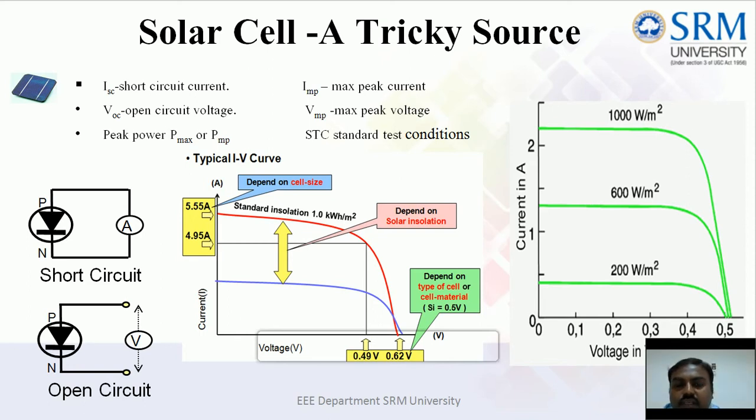You can see the short circuit current and the open circuit voltage vary slightly with irradiation. Also, this green curve has been given for a single solar cell. The same curves can be extracted for any PV rating, and they will be very similar.